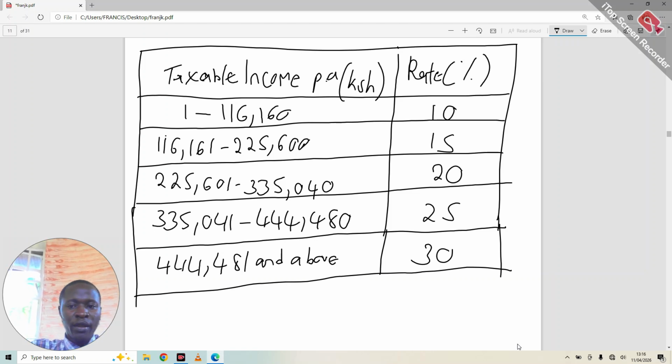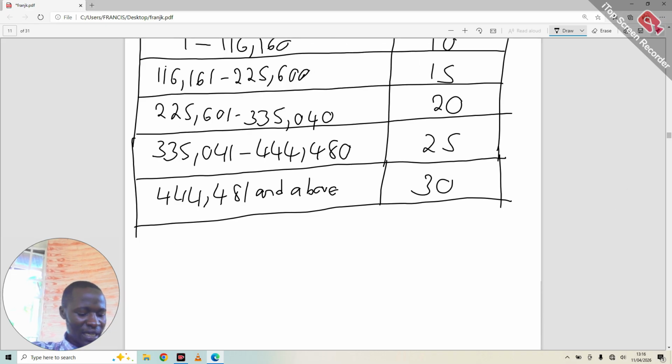So there is the table, and the question reads, the table below shows the income tax rates that were used in a certain year. In the month of June of that year, Patel's earnings were as follows.